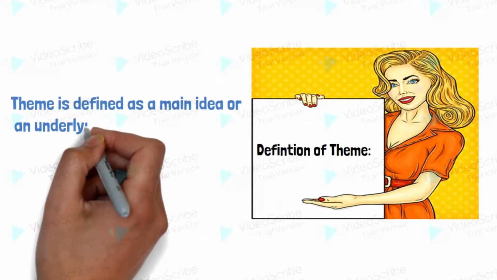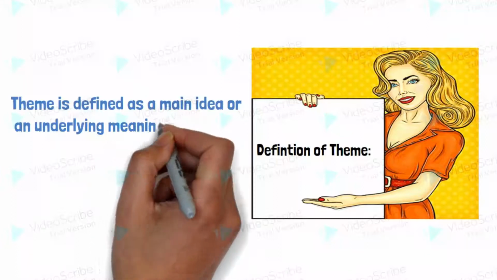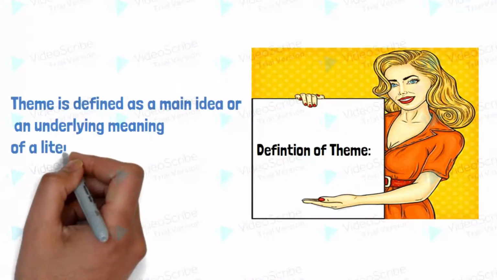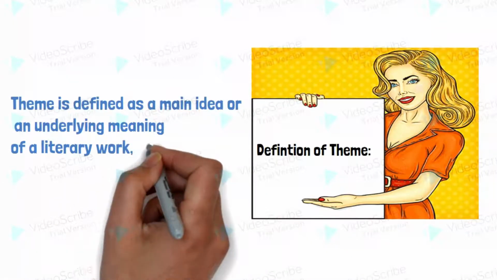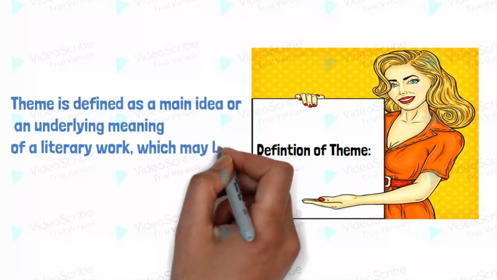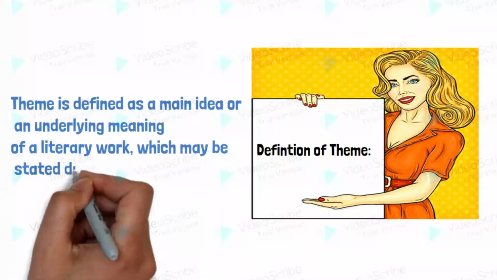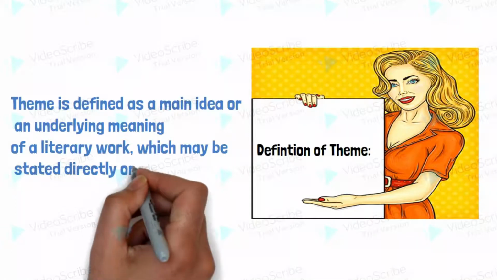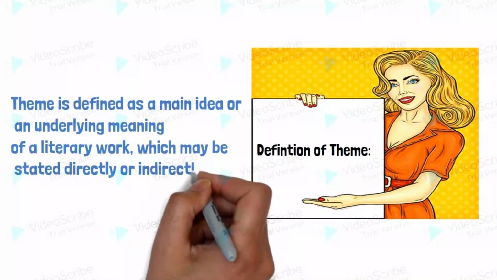Theme is defined as a main idea or underlying meaning of a literary work, which may be stated directly or indirectly.